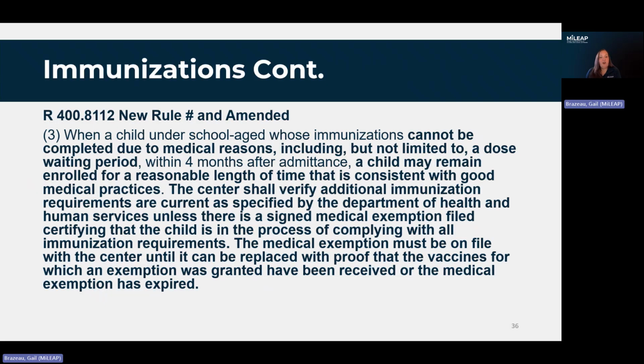The center shall verify additional immunization requirements are current as specified by the Department of Health and Human Services, unless there is a signed medical exemption filed certifying that the child is in the process of complying with all immunization requirements. The medical exemption must be on file with the center until it can be replaced with proof that the vaccines that the exemption was granted for have been received or the medical exemption has expired.